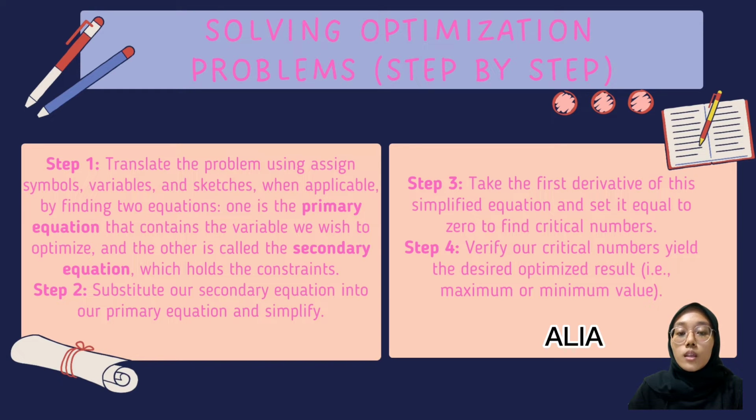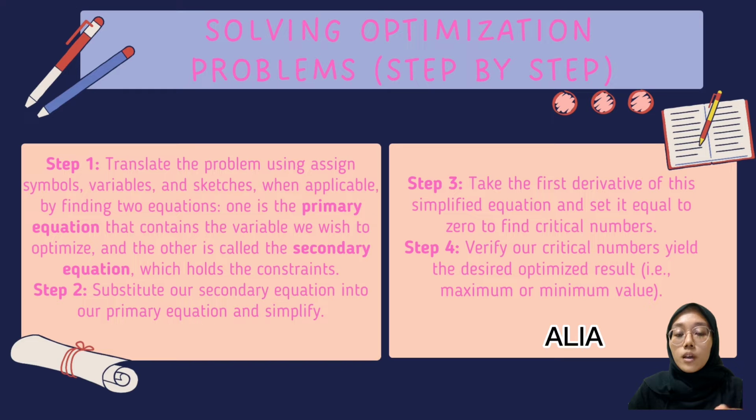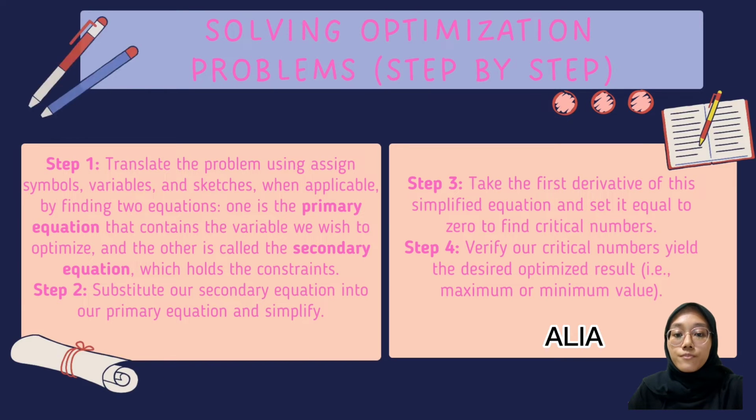Next, we take the first derivative of this simplified equation and set it equal to 0 to find critical numbers. The final step is to verify our critical numbers yield the desired optimal results, whether it is a maximum or minimum value. While this may seem difficult at first, it's really quite straightforward, as we are simply finding 2 equations, plugging one equation into the other, and then taking the derivative.